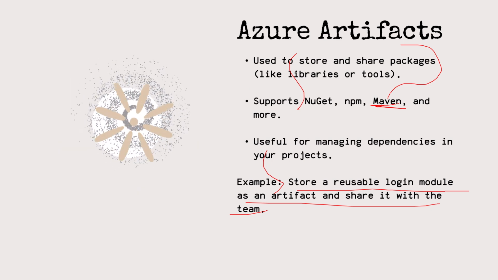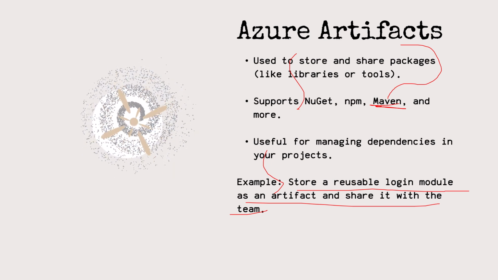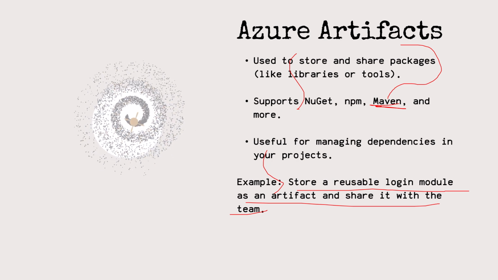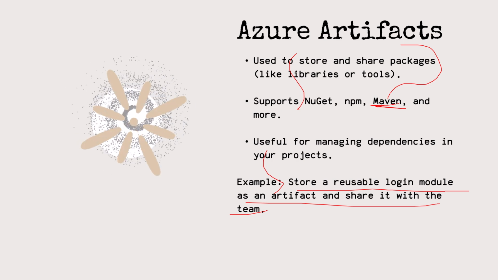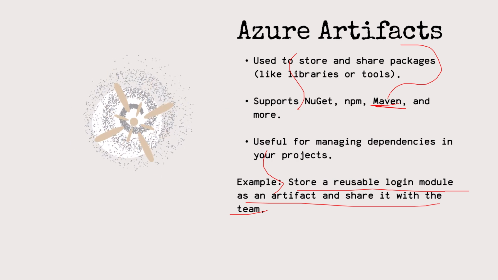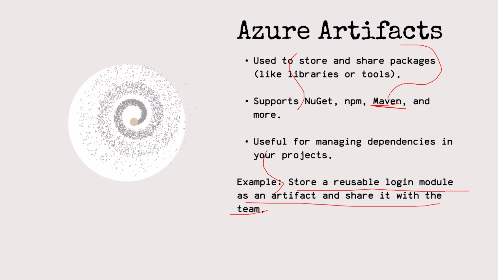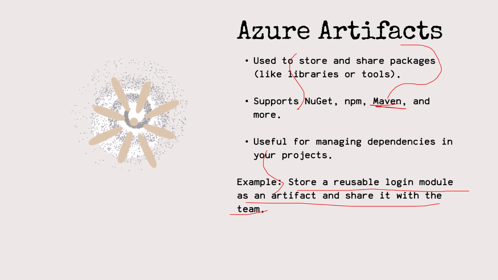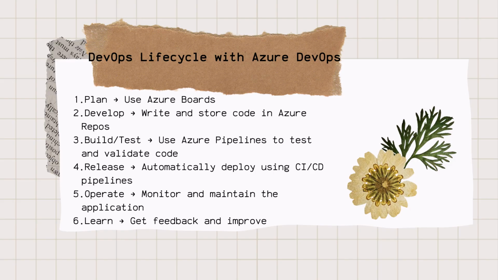That artifact, which is a library or a tool now, will be given to all our groups or teams, so that they can directly go for that artifact and log into the account. One simple example. Basically, it acts like a library or a tool. It will install all the dependencies that your project needs to run. That's it.